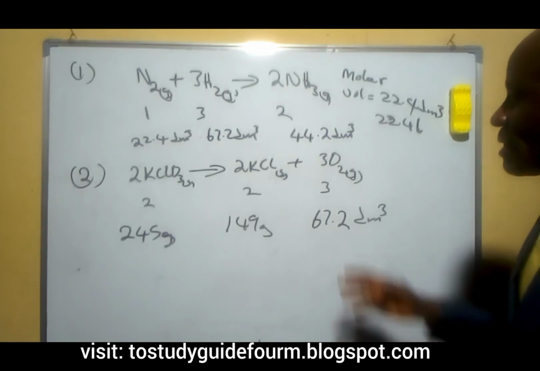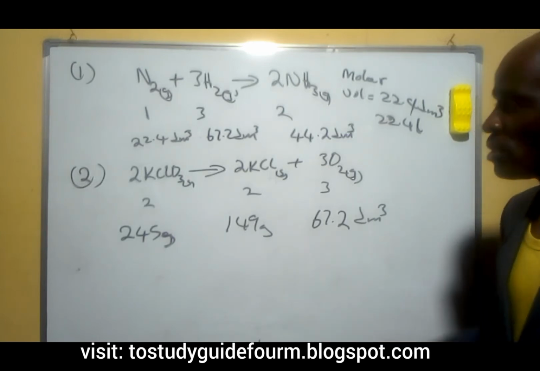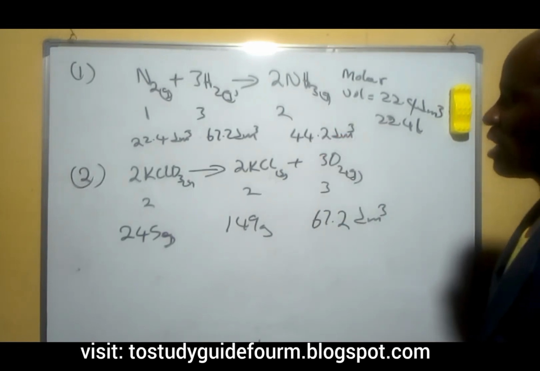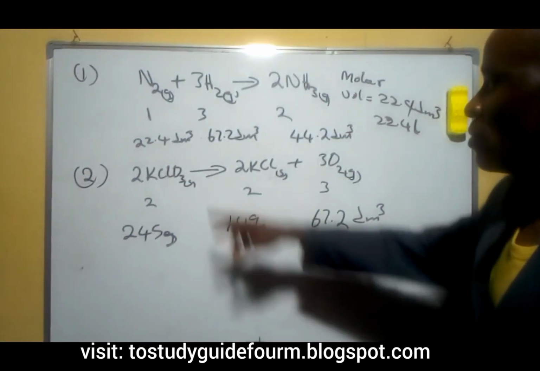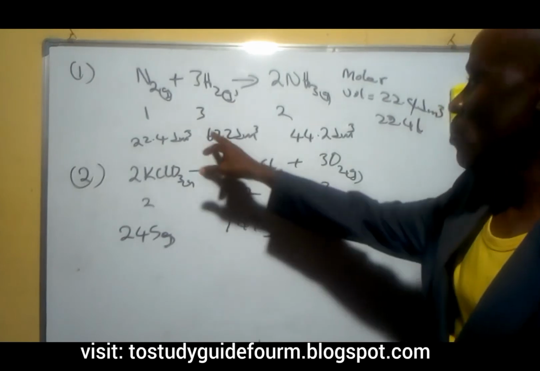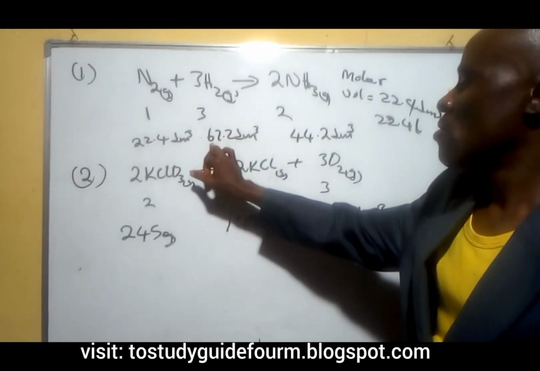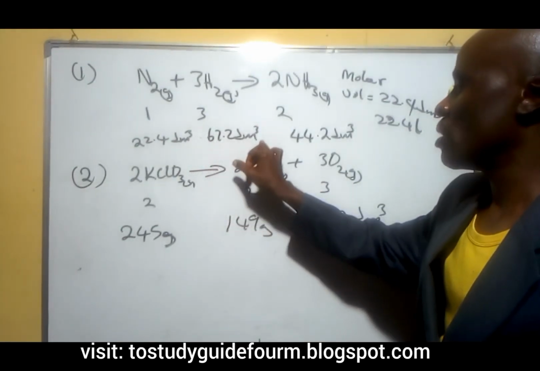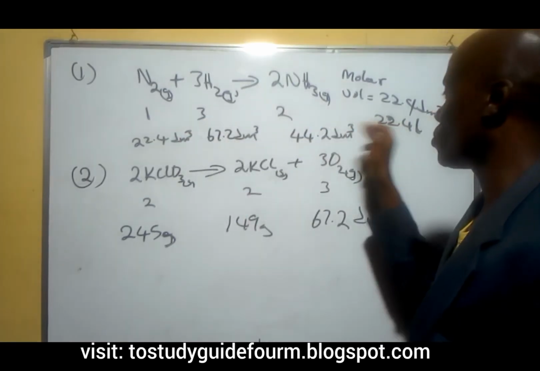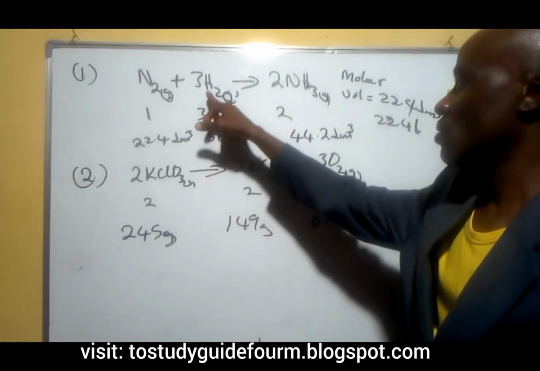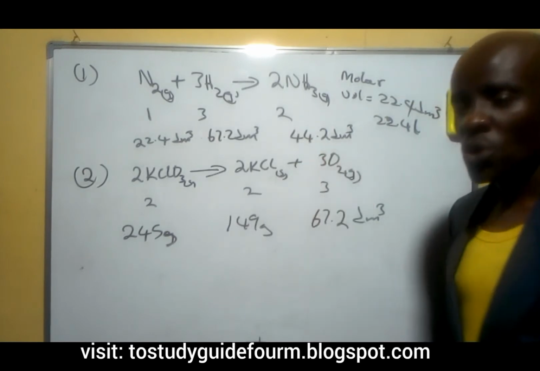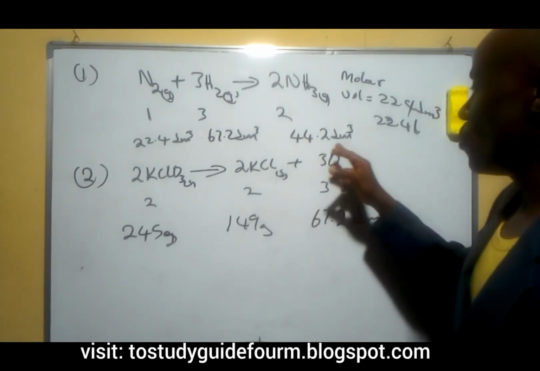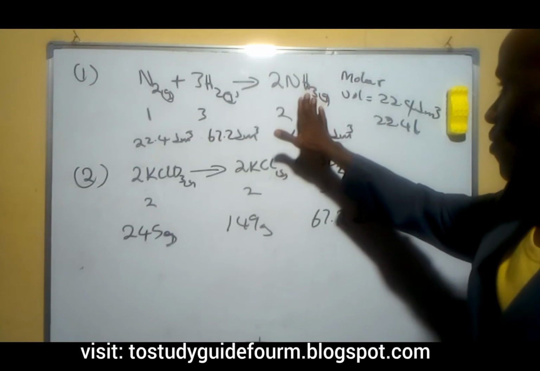So based on that, since they are all gases, 22.4 dm cube of nitrogen will combine with 67.2 dm cube of hydrogen, that is 3 multiplied by 22.4, to give us 44.8 of ammonia.